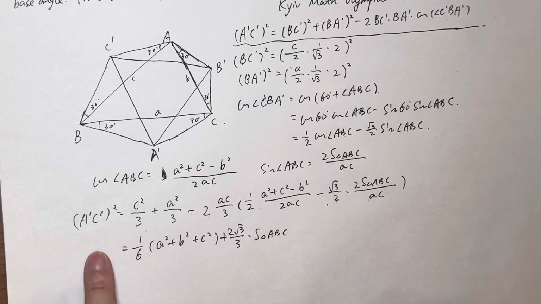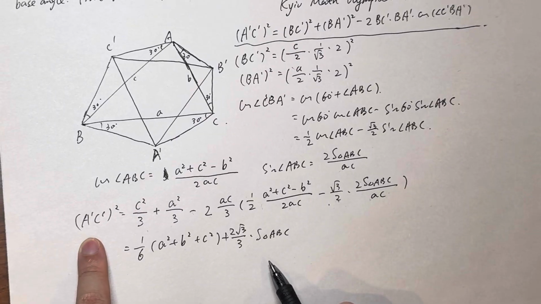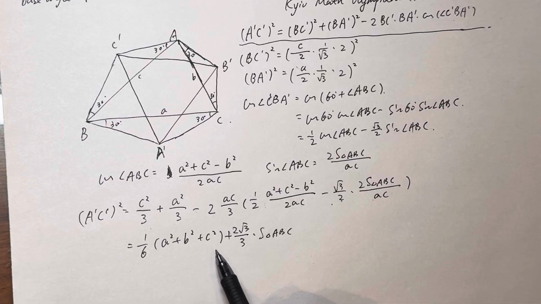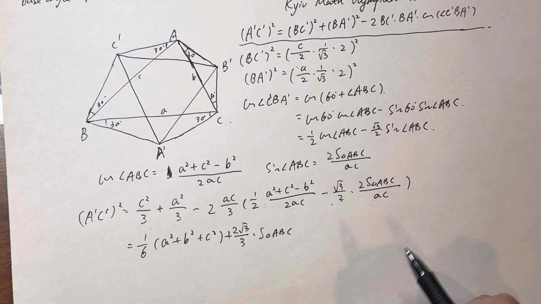Okay, that means A prime C prime is a constant, right? Because ABC is fixed once we have a certain triangle ABC, and the area of triangle ABC is fixed.